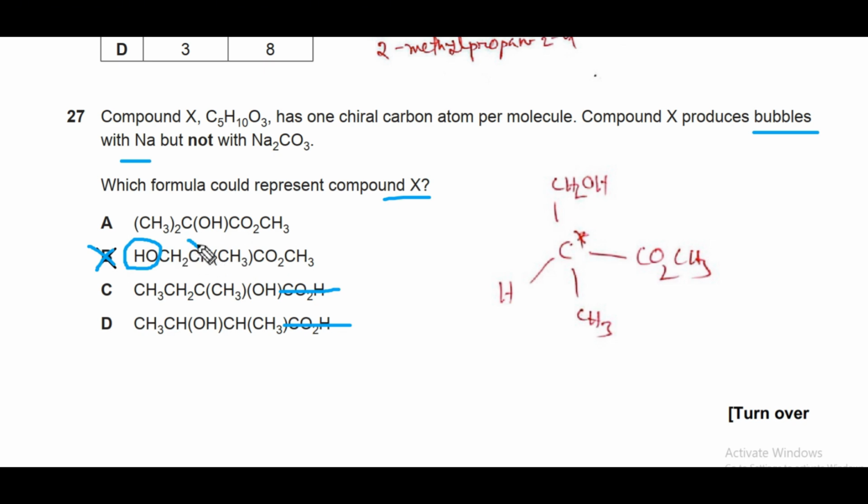This carbon is chiral. You see this chiral center: CH2OH group, hydrogen, CH3, COOCH3. B contains a chiral carbon which contains four different groups. This center is a chiral center or chiral carbon.